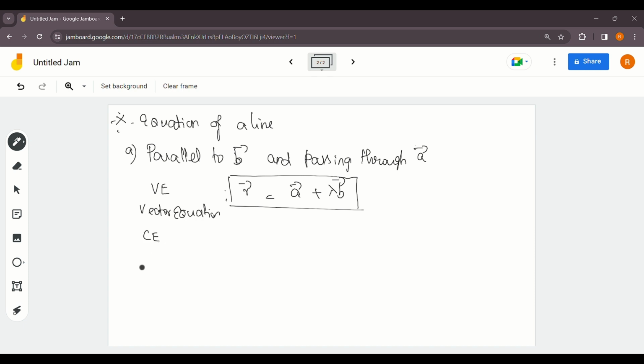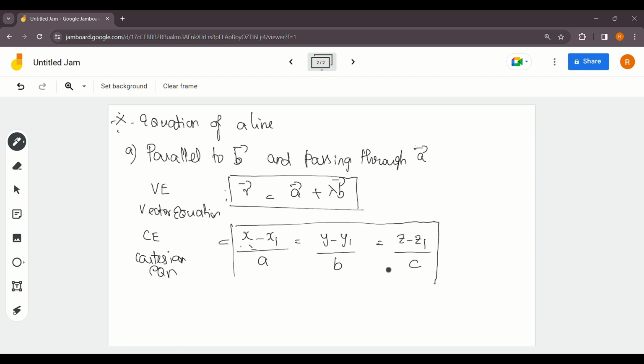Similarly Cartesian equation is x minus x1 by A equal to y minus y1 by B equal to z minus z1 by C. So here x1, y1 and z1 are nothing but the given passing point A vector, and A, B, C are nothing but the B vector here.